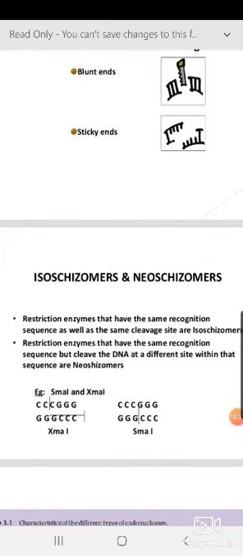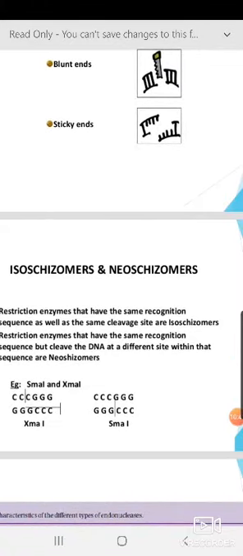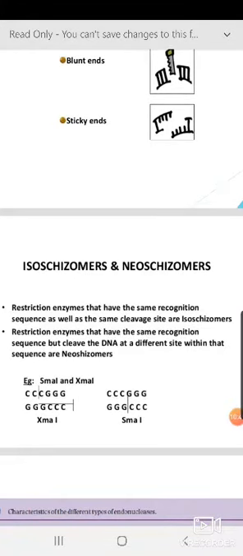Restriction enzymes that have the same recognition sequence as well as the same cleavage site are called isoschizomers. And restriction enzymes that have the same recognition site but cut at a different site within that sequence, we call neoschizomers. And isocaudomers are restriction enzymes that recognize two different sequences but after cutting produce the same overhang.